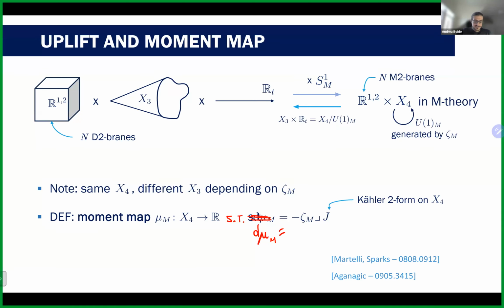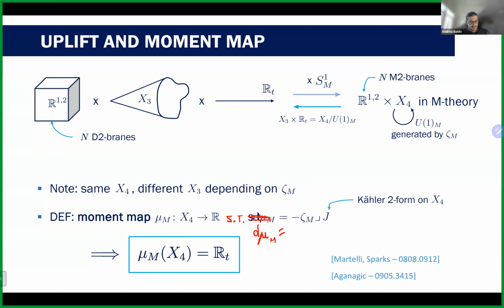Again, this is important for the rest of the talk. And one fact that I'm not going to justify is that the image of this moment map is actually the R_T line that you had in the 2A geometry.